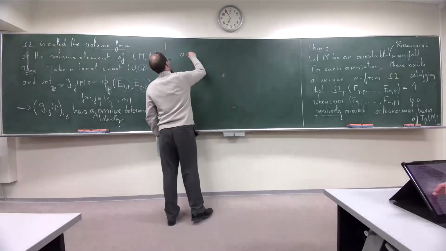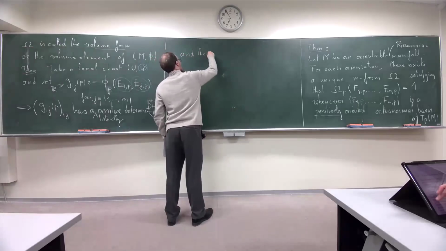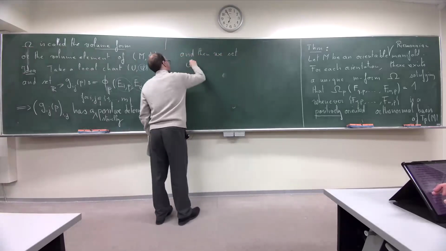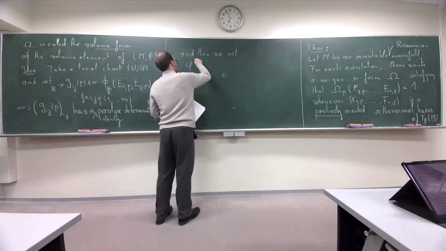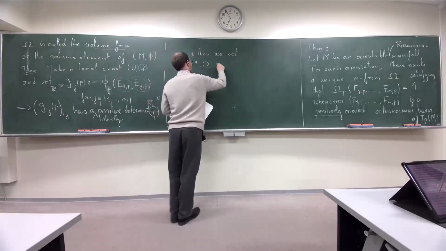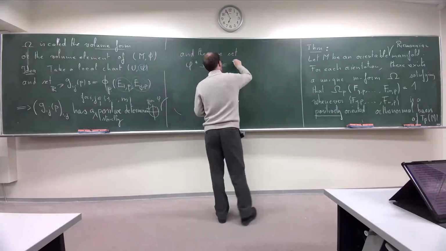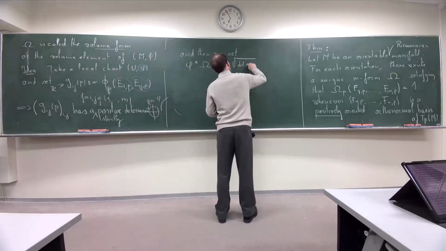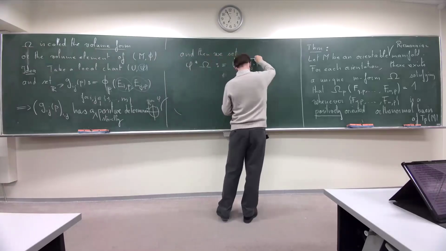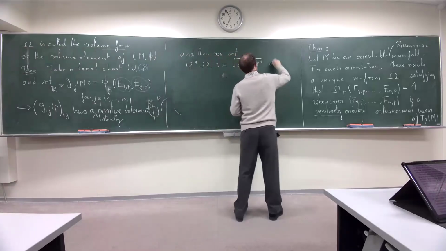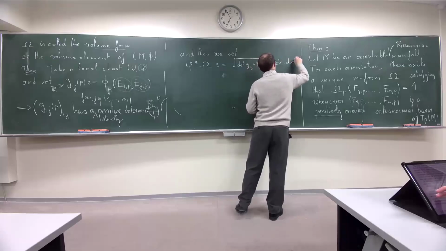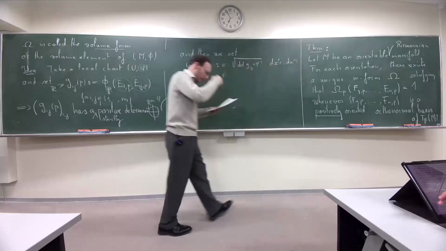And then we set phi star of omega is root of... Okay, what is the meaning of this?